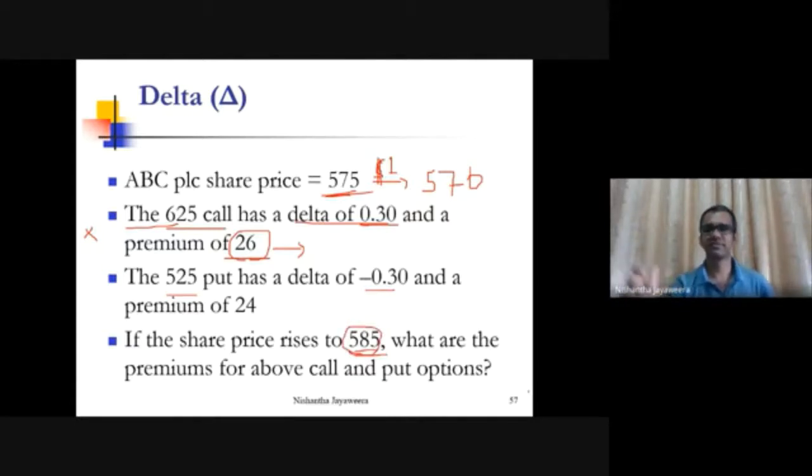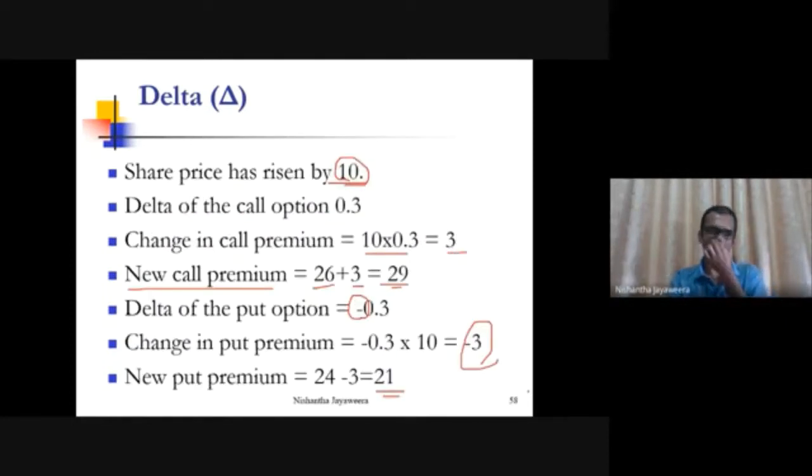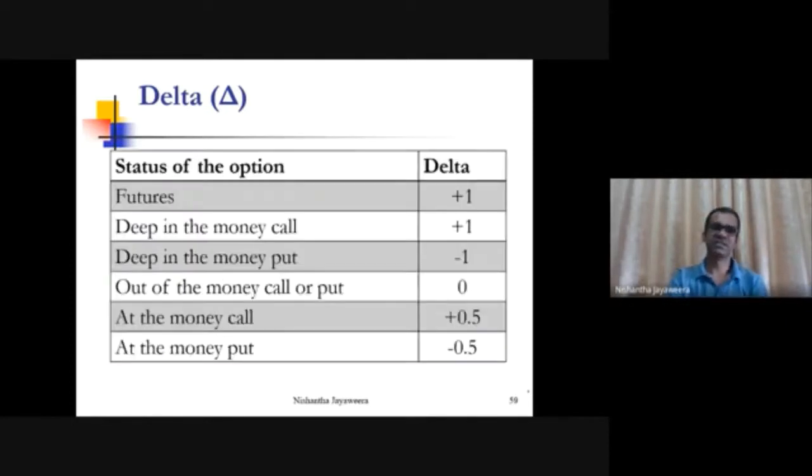Delta varies because the option premium does not change linearly, like the convexity we had. Even here that effect is there, so we use this delta to calculate the premiums for small changes in spot prices. We don't use it for large changes.